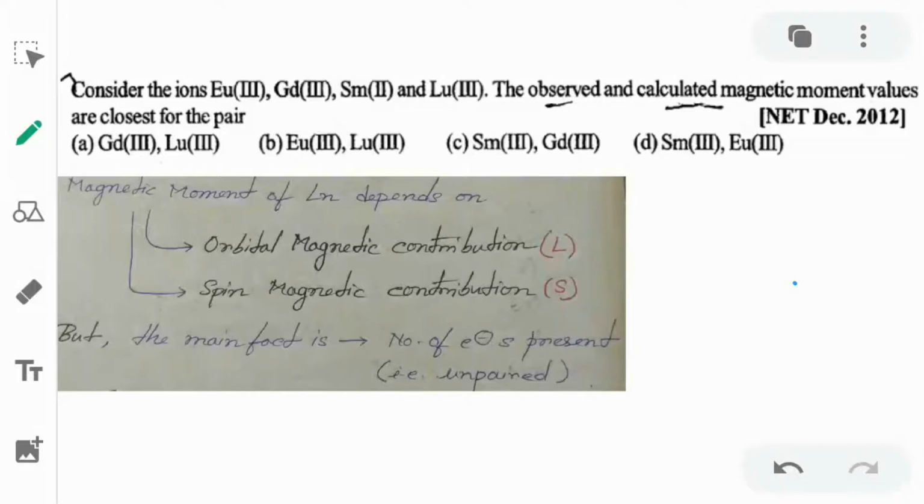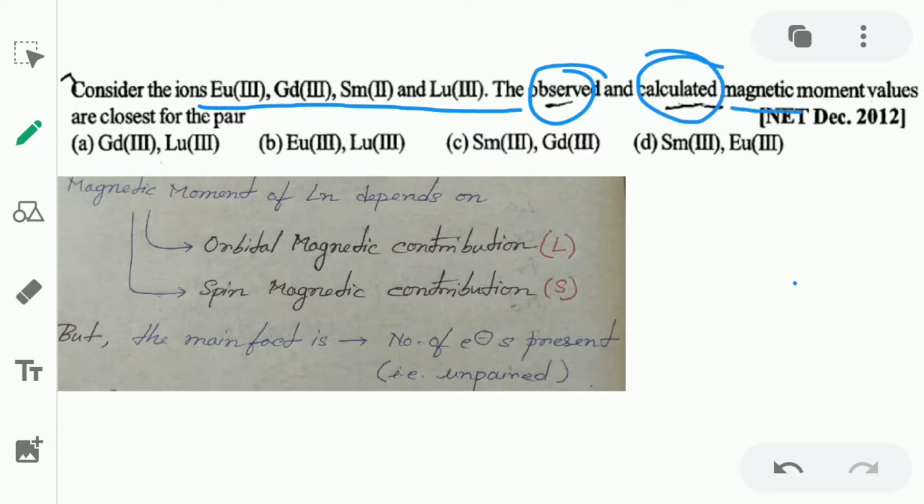In this part, the first question is: consider the ions Tb-3, Gadolinium-3, Samarium-2 and Lutetium-3. The observed and calculated magnetic moment value. That is, we have to consider these inner transition elements and look mainly at the observed and calculated magnetic moment value.